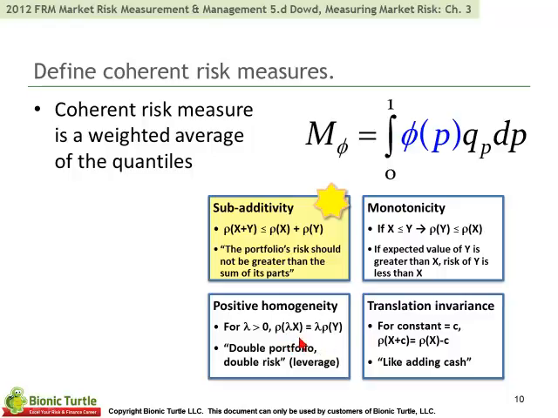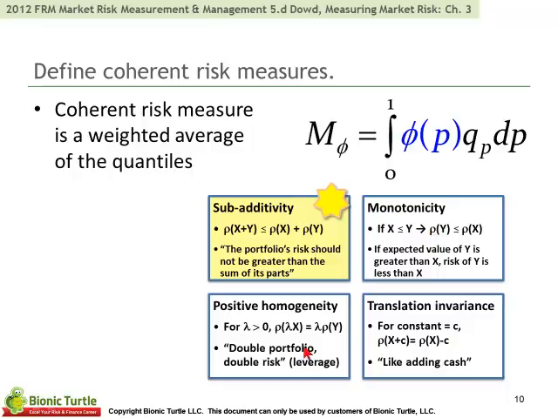Dowd says this one makes intuitive sense if we are dealing with a liquid position in marketable instruments. So my quick example here is double the portfolio, we double the risk. That's leverage. And translation invariance requires that the addition of a sure amount, that's C the constant, reduces pari passu the cash needed to make our position acceptable.